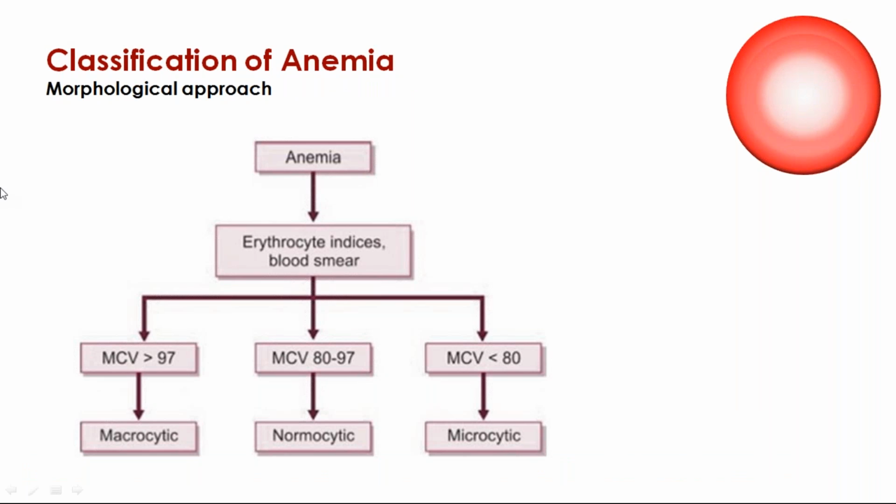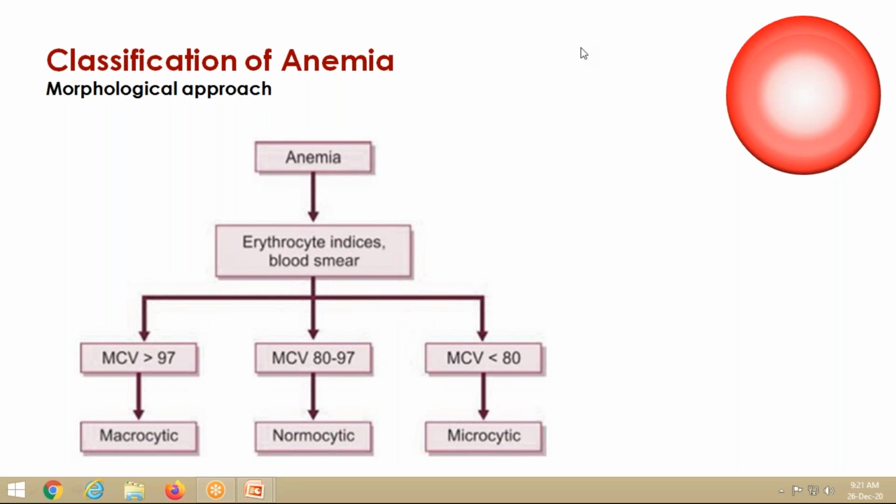So this is MCV based classification. There is the hemoglobin and the RBC indices, no? Based on that, how do you classify this anemia? You use the MCV, the mean corpuscular volume, which all of you know. Normal is supposed to be between 80 and 95.